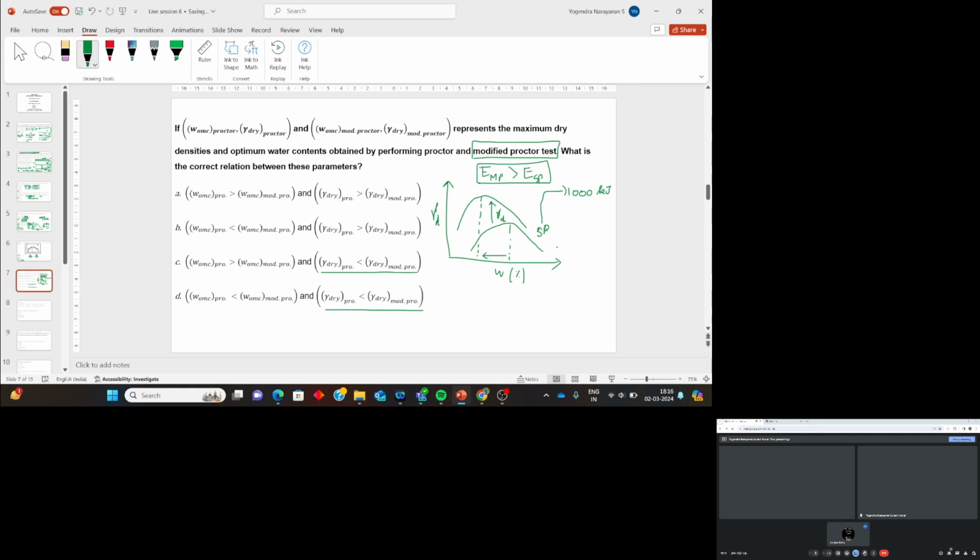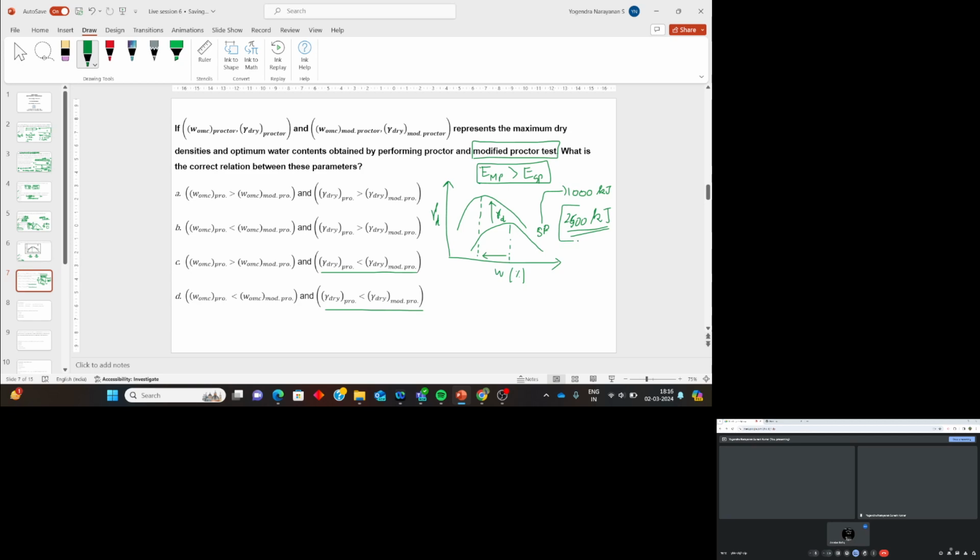Now, what happens to modified? It will be almost 2000, let us say 2500, significantly more than that. So, at the 5% moisture content, what will be the density?